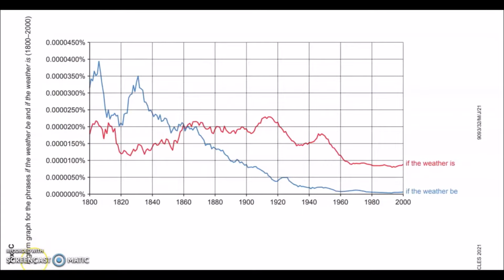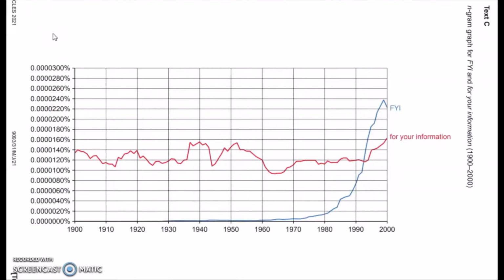So don't change the wordings given in the title, along with the different features which you want to comment on. For example, here the phrase given is for your information, and the short form of for your information, that is FYI.